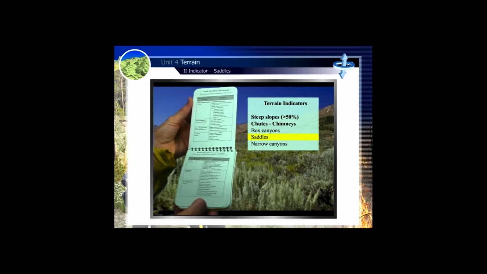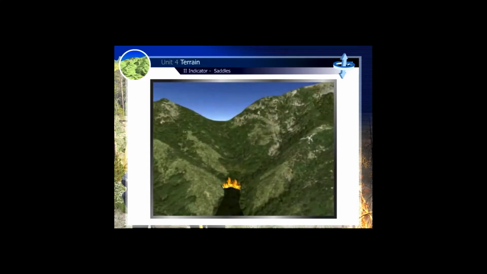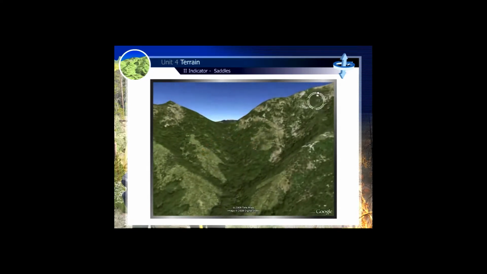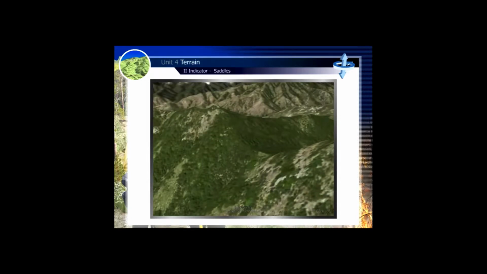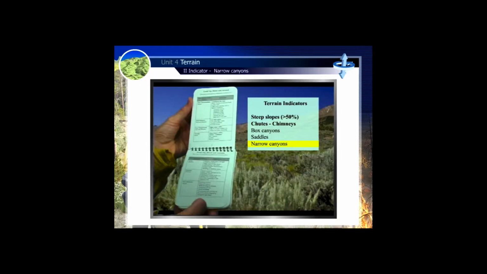Another common terrain feature to look for is saddles. Fires are pushed through saddles faster due to wind channeling and less topographic resistance compared to a full ridge line. Narrow canyons, the last indicator, can cause rapid rates of spread due to spotting, slope reversal, and wind eddies.